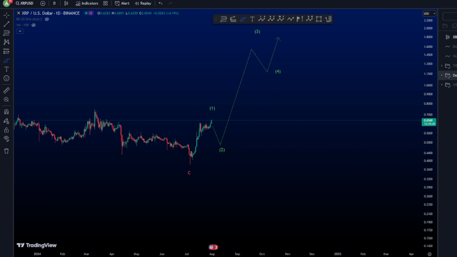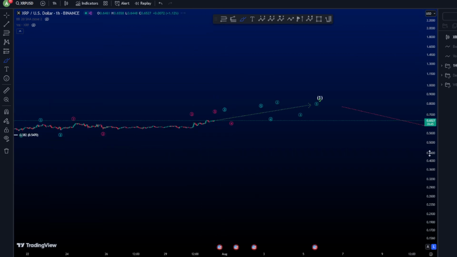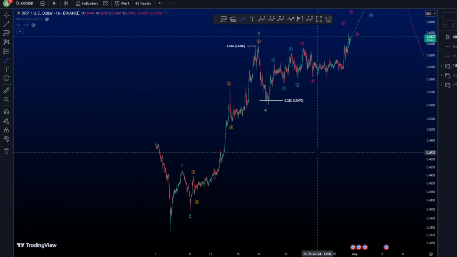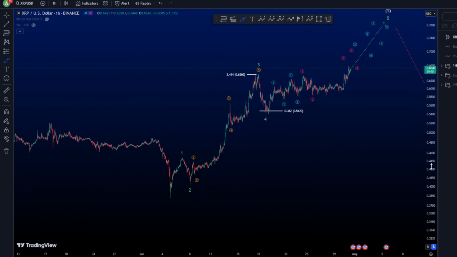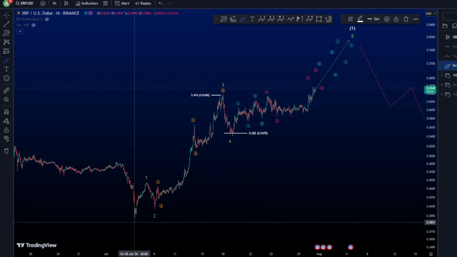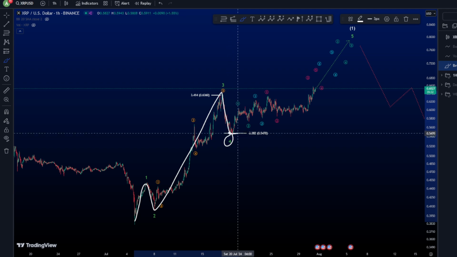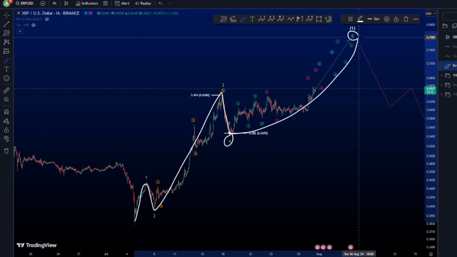Moving to the 1 hour chart, if we look closer at what's happening inside the wave 1, we can see an impulse 1, 2, 3, 4 in green, and we are expecting one more wave 5 towards the upside.